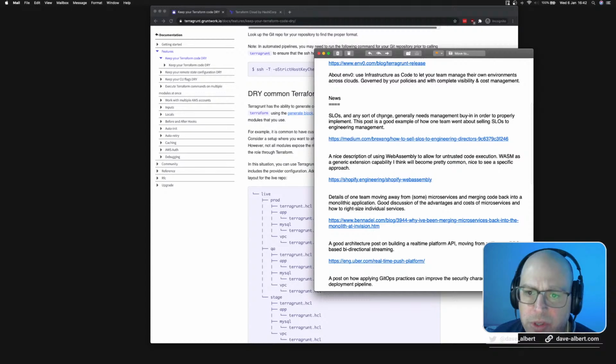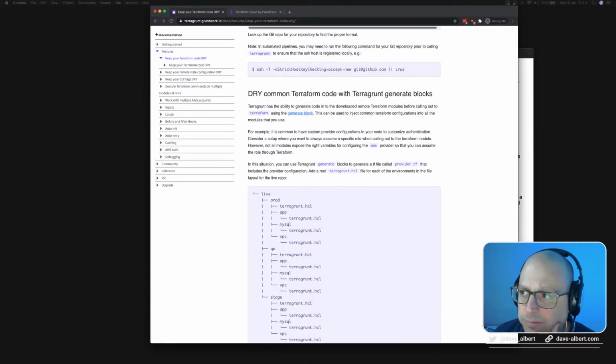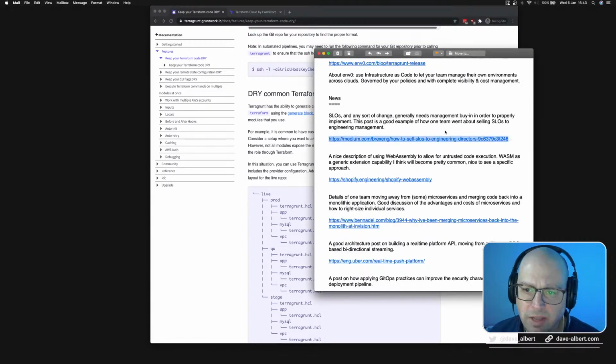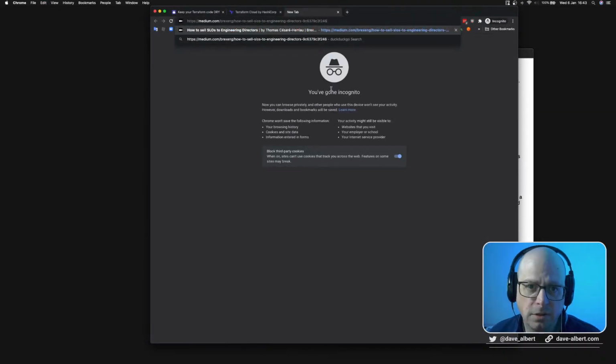So in the news, SLOs and any sort of change generally needs management buy-in. This post is a good example of how one team went about selling SLOs. So we are talking about service level objectives, I believe. Let's have a look.